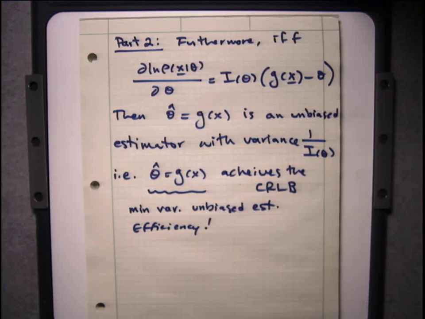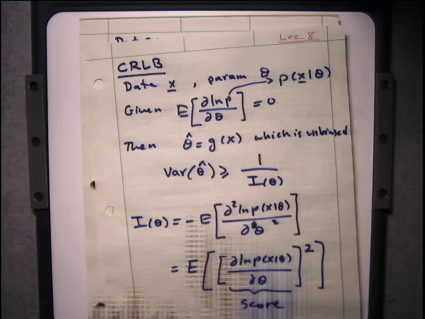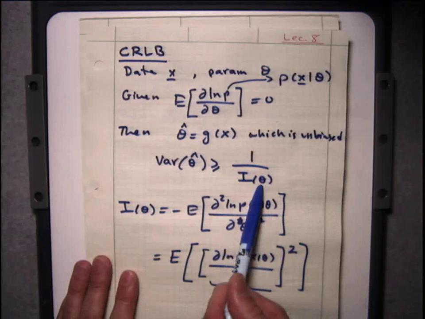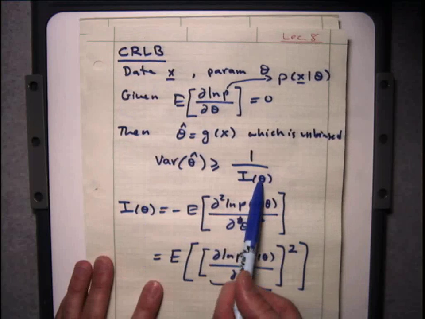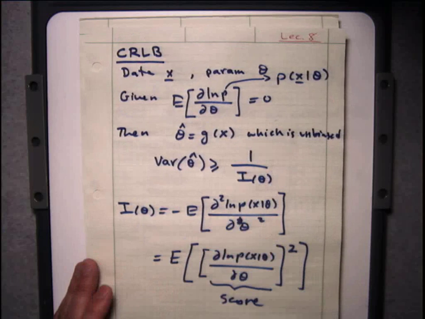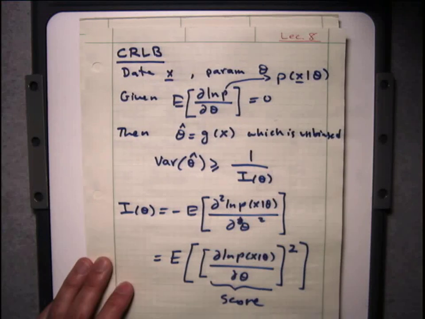But efficiency assumes that the Cramer-Rao bound is achieved for every value of the unknown parameter. So if I go back for a second and look at what I wrote here, this bound actually depends on the different values of theta. So if you have an estimator that achieves this bound for just one value of theta or a few values of theta, it's not called efficient. I think you asked me about this at the end of that last class, right?